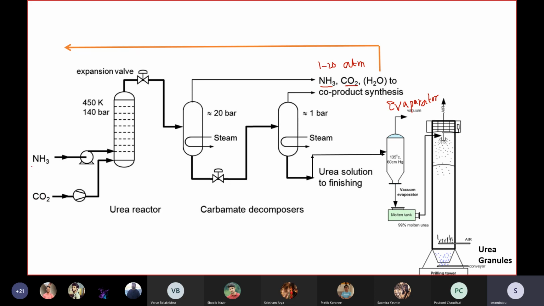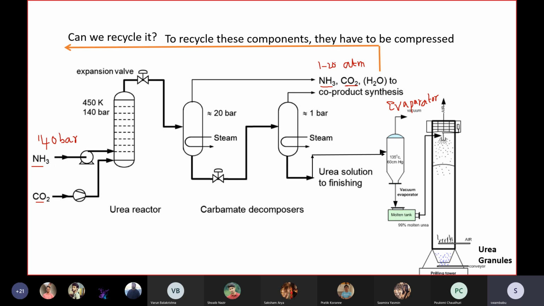Whereas we are supplying ammonia and CO2 here at almost 140 bar pressure. So before we recycle them, we need to compress them, because we need to make sure both are at the same pressure before we introduce them.